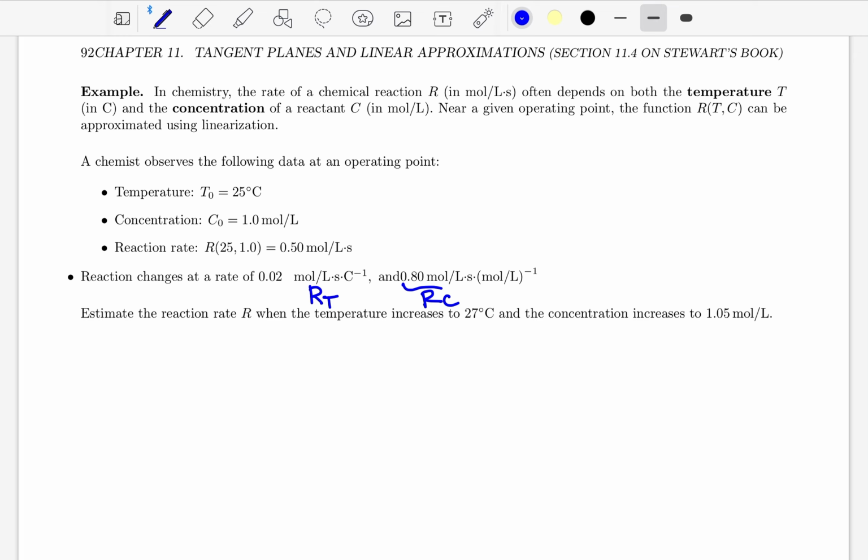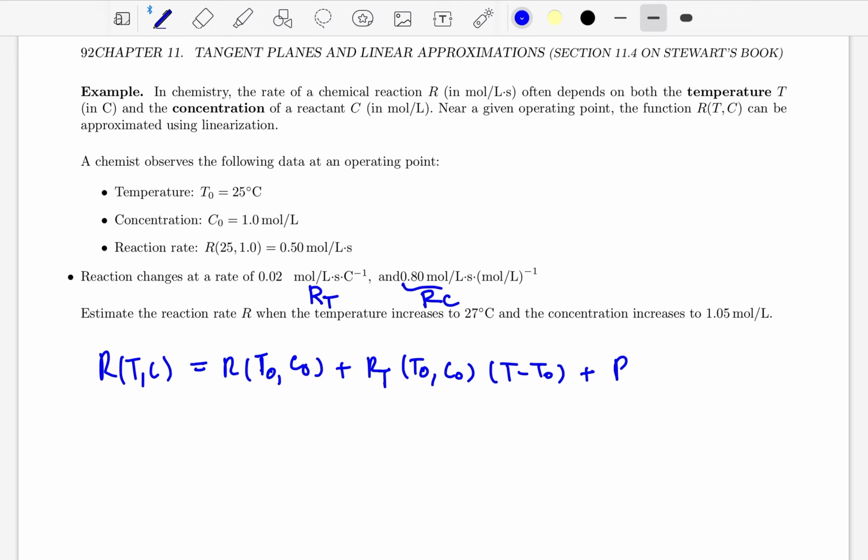Okay, so let me just find what the linearization of the reaction will be. It's going to be equal to, as usual, the reaction at the initial point, R(T naught, C naught), plus the partial derivatives evaluated at the point times T minus T naught, plus the partial with respect to concentration, evaluated at the initial point, times C minus the initial concentration.